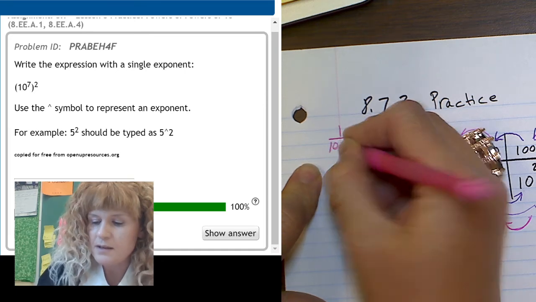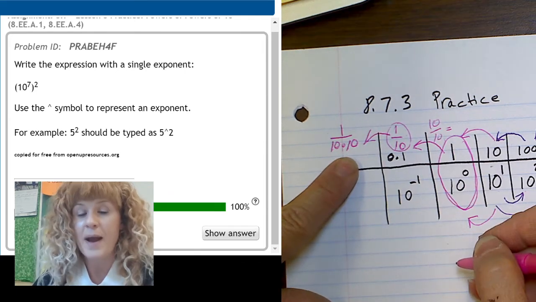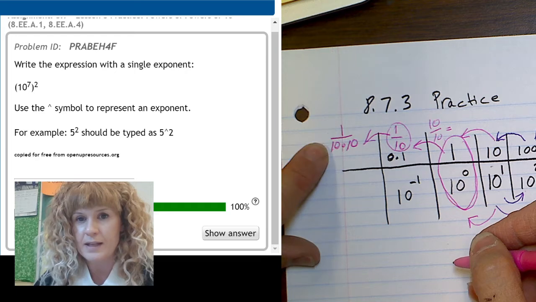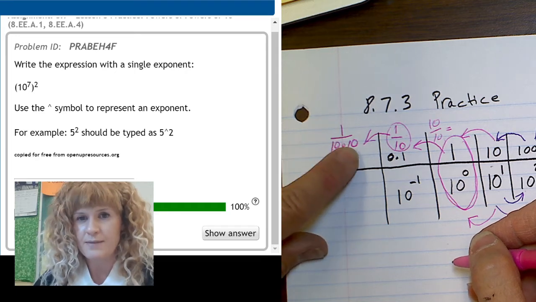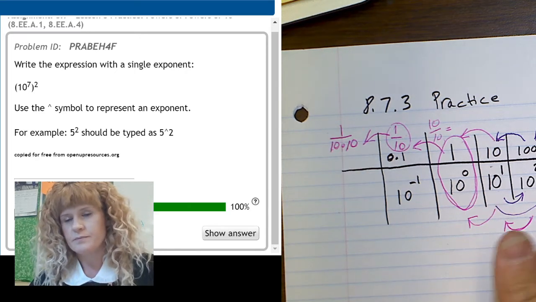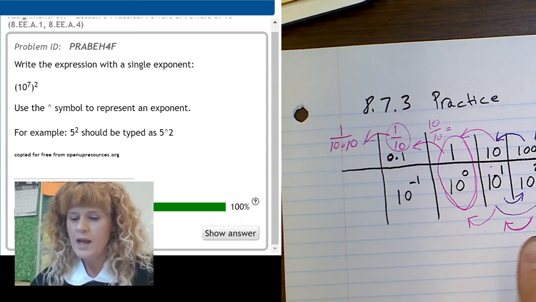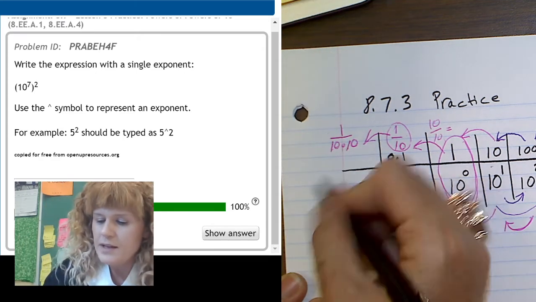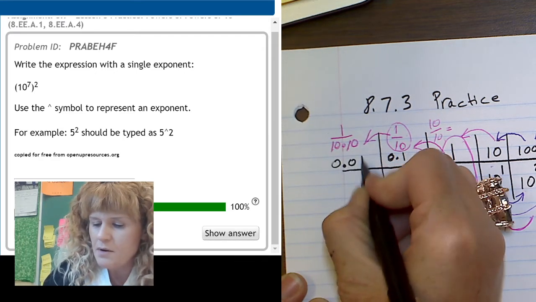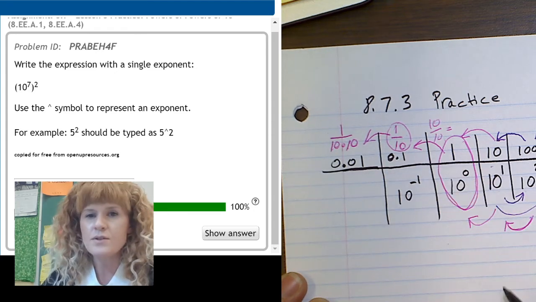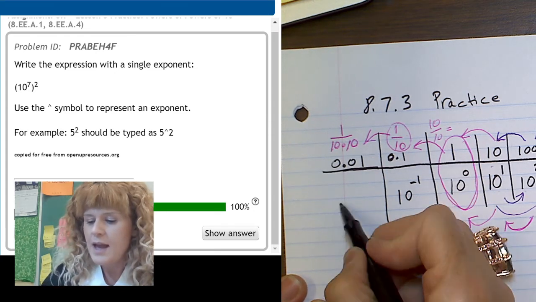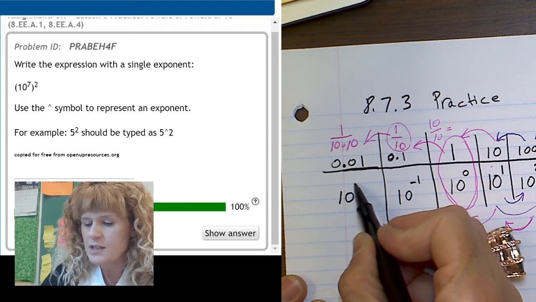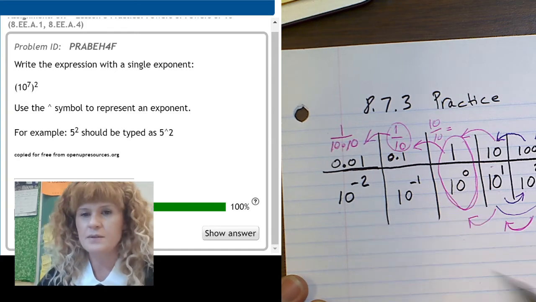In the denominator, it's 10 times 10. But what that means is 1 divided by 10 and 1 divided by 10 again. The value in decimal is 0.01. It's 1/100th. And in exponent notation, it is 10 to the -2.